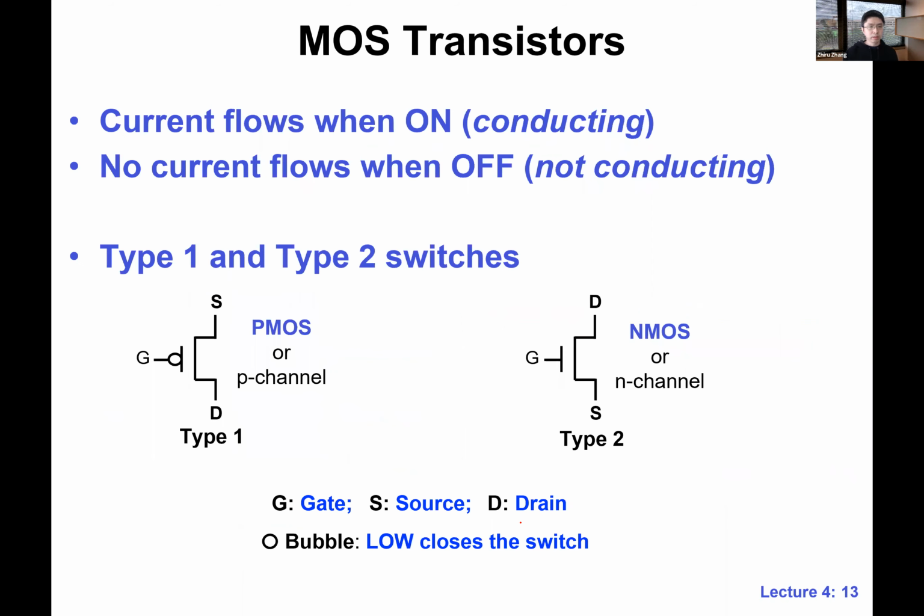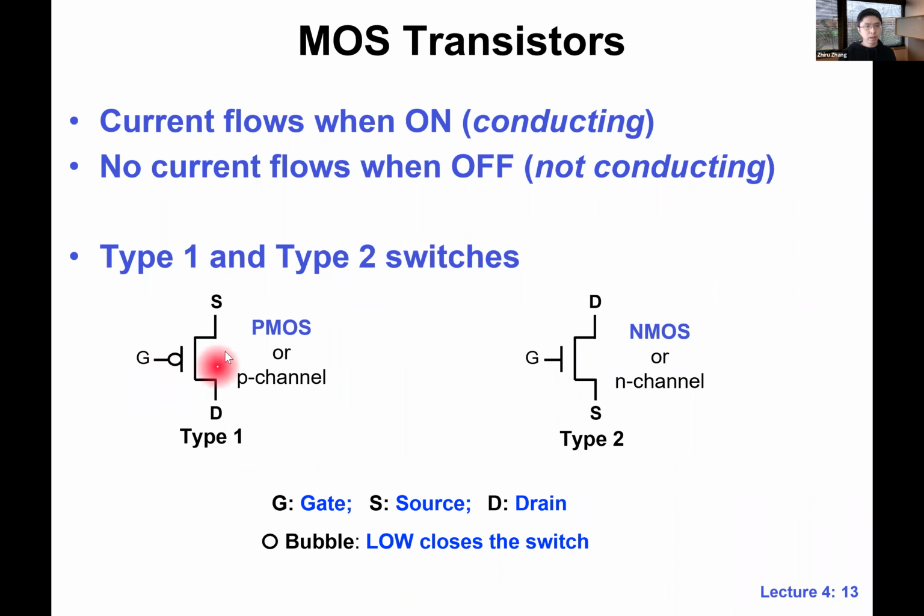So let's see, how exactly do we do that? Actually, there are two kinds of MOS transistors. One is called PMOS. It's basically the type 1 switch, which will be on, or closed, when the input or the gate has a low voltage.